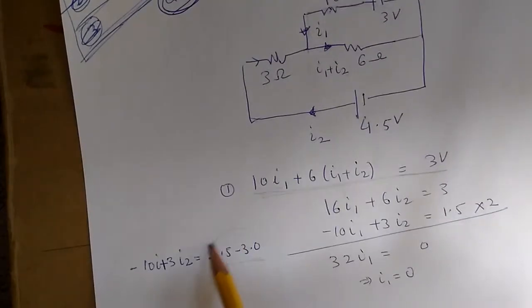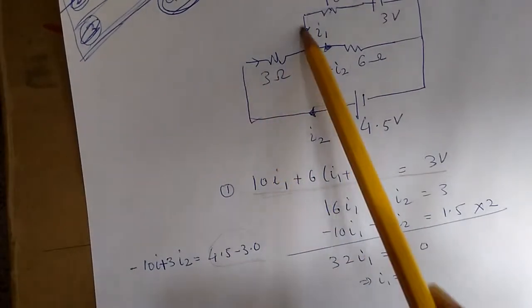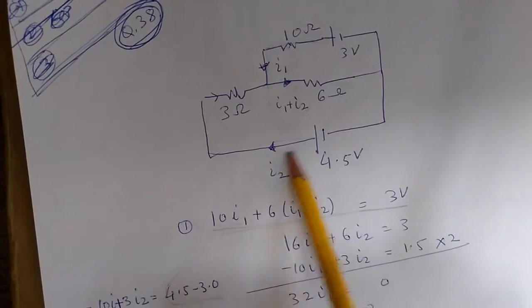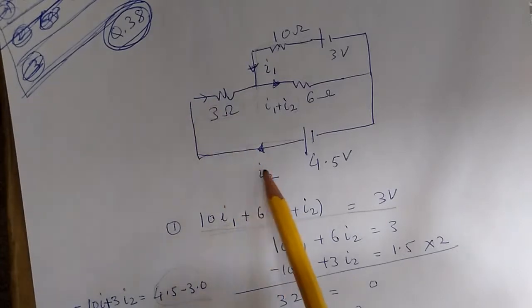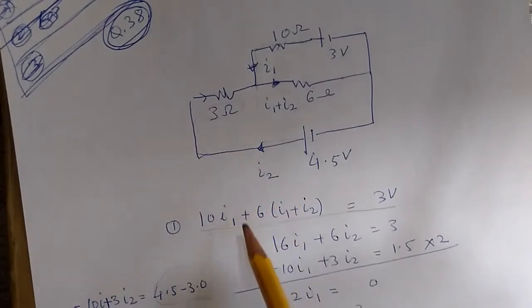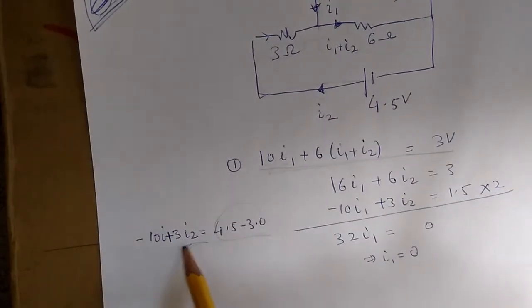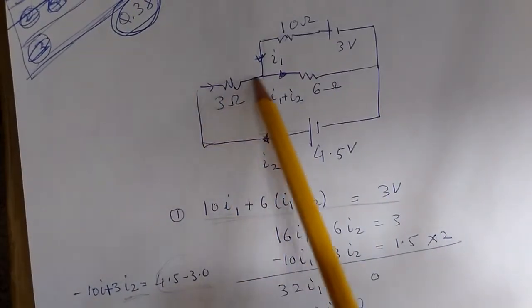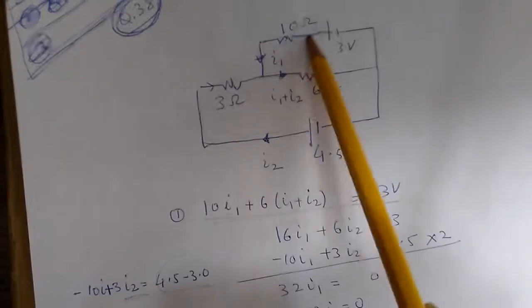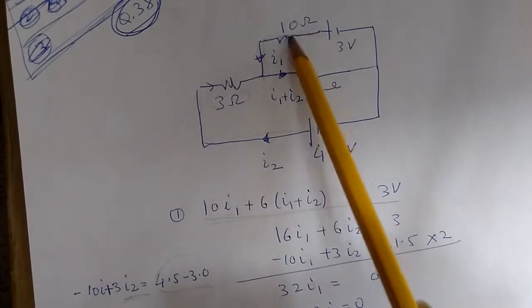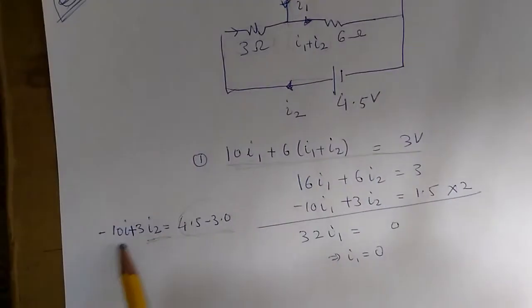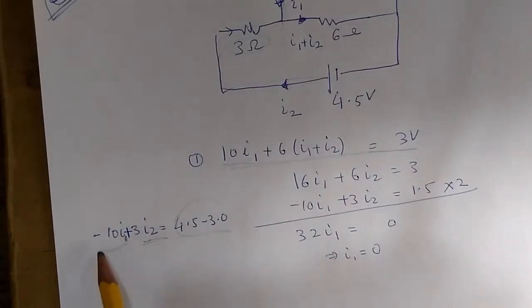And that voltage supply is equal to all the voltage drops in this direction. So the voltage drop in this 3 ohm resistor is going to be 3 times I2, which I have written here. And then in this direction is I1, and we are going against this current, so we have minus 10I1 in this equation. Minus 10 times I1.